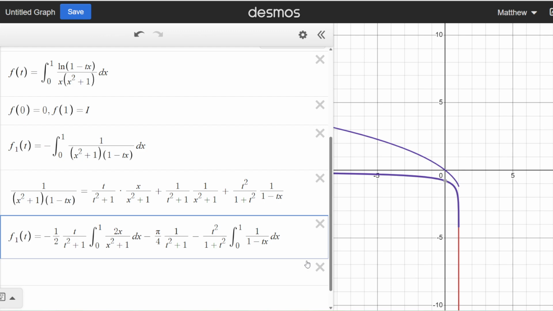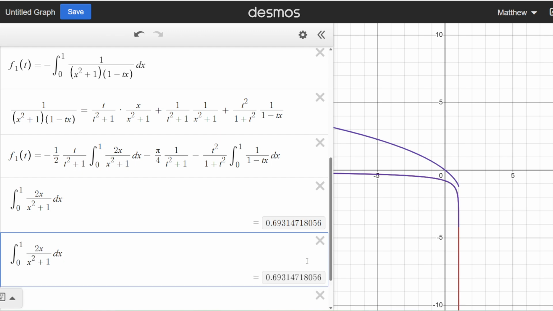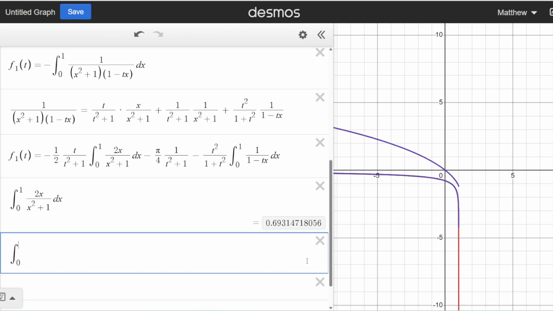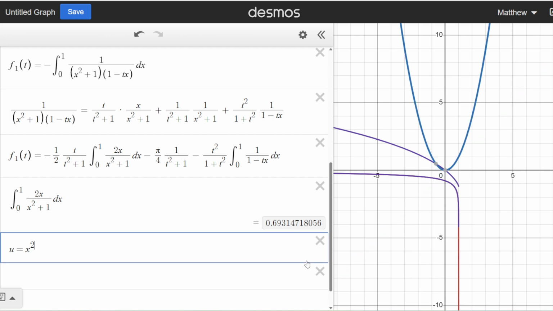Well, let's see. Let's figure out what this is. All right. It looks like that's going to be natural log 2. But let's do it a little bit more thoroughly. All right. So we're going to let u equal x squared plus 1, implying du equals 2x dx.